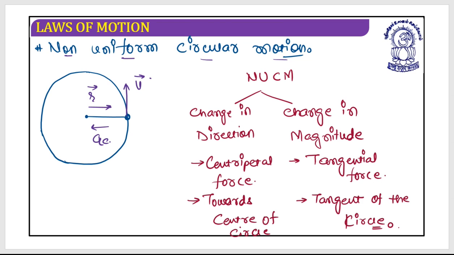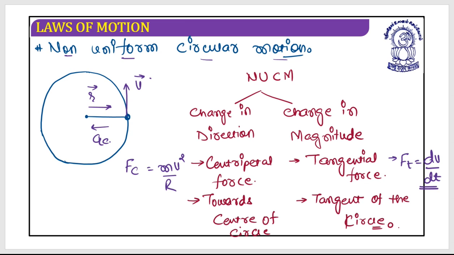Now, one very important thing. What is the magnitude of centripetal force? It is mv squared by r. What is the magnitude of tangential force, Ft? It is the change in speed, dv by dt.